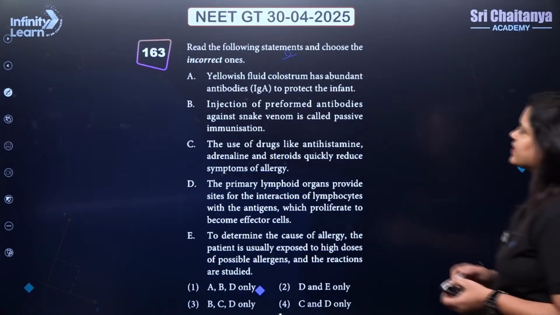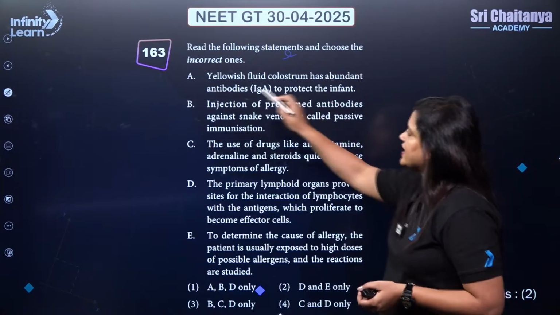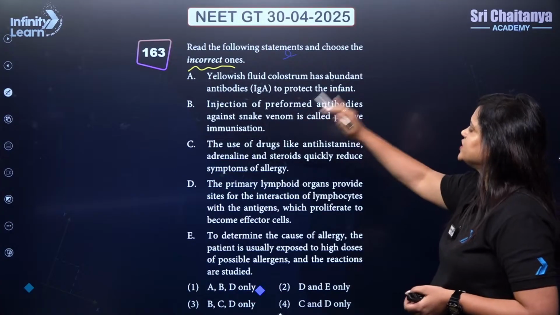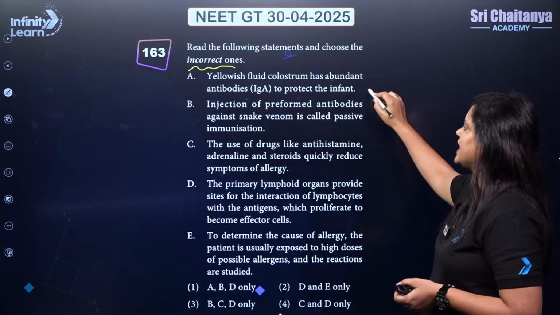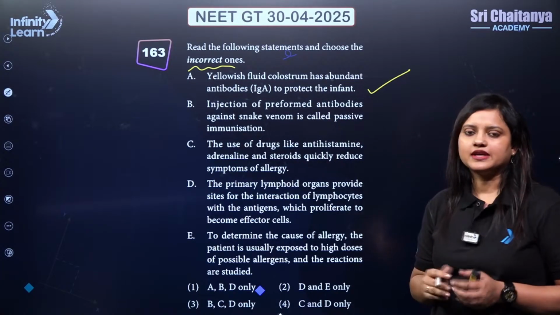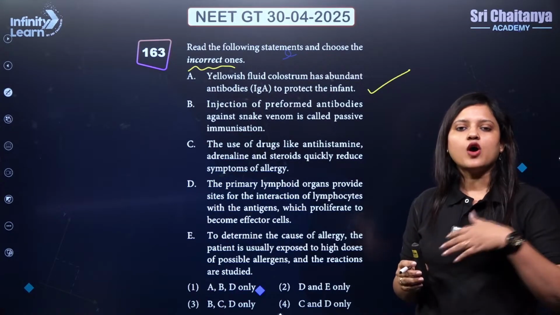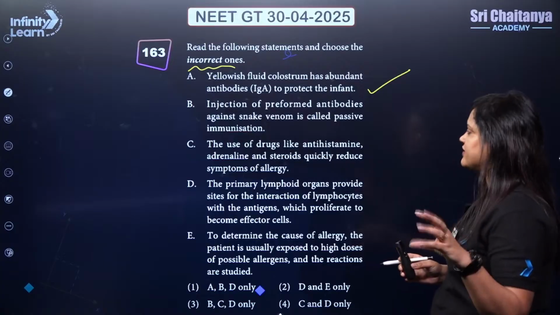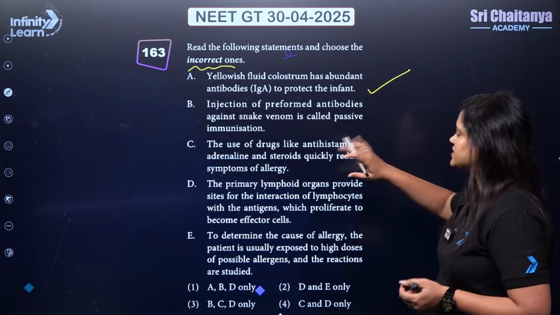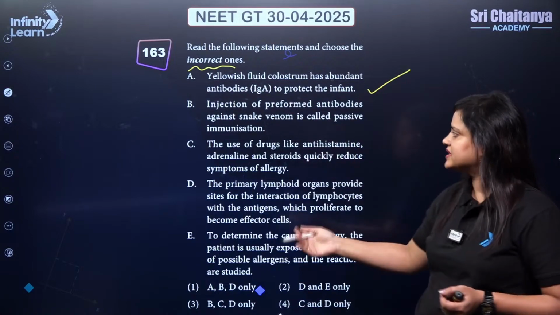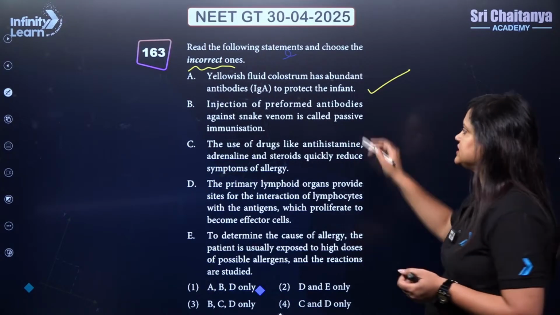Next question. So we need to find out here the incorrect statement. A says yellowish fluid colostrum has abundant antibodies IgA to protect the infant. So IgA is a secretory antibody present in all our bodily secretions. So definitely it is correct. Injection of preformed antibodies against snake venom is called passive immunization. Yes.